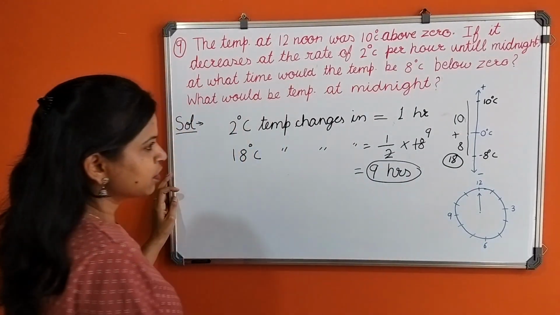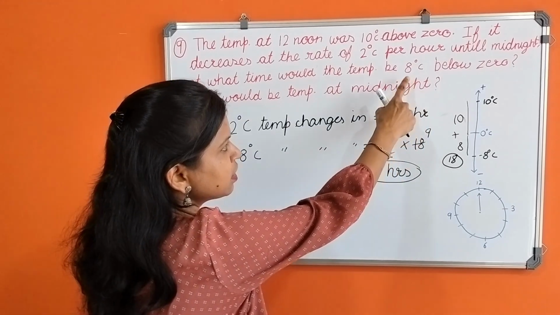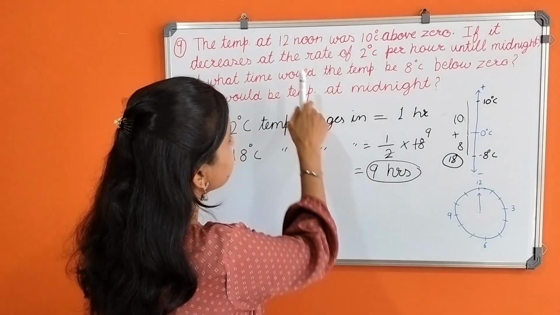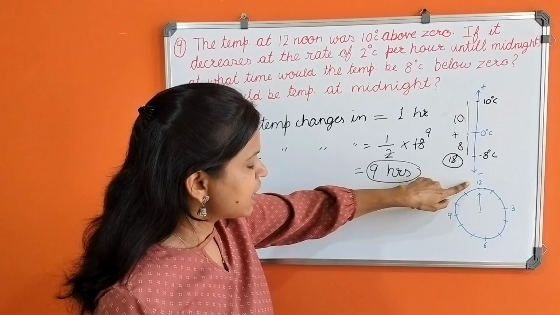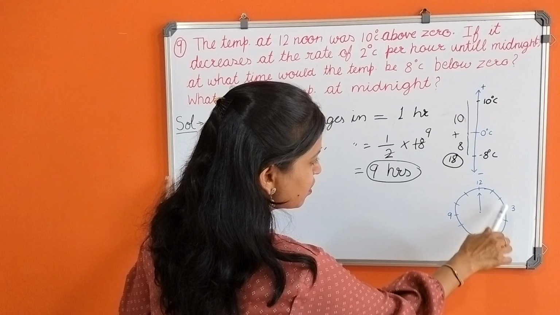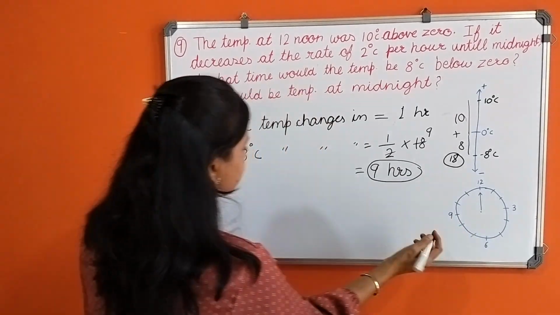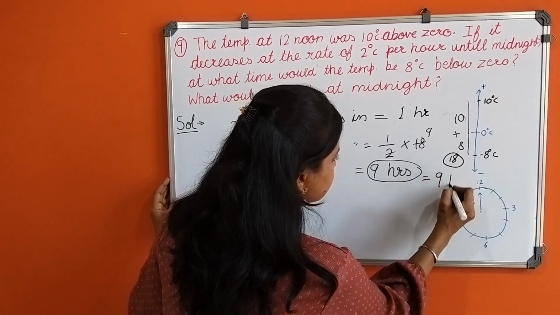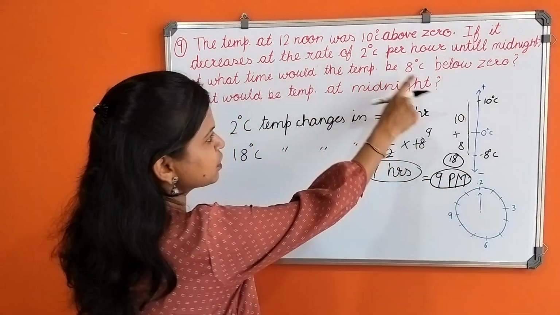Now, after 9 hours, the temperature has gone 8 degree below 0. But what is the time? So we started from 12 noon. You can see the clock. We started from 12 noon, and after 9 hours: 1, 2, 3, 4, 5, 6, 7, 8, 9. It is 9 p.m. This is our answer to the first question.